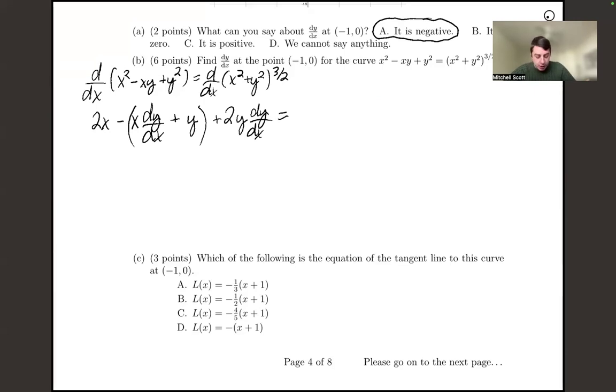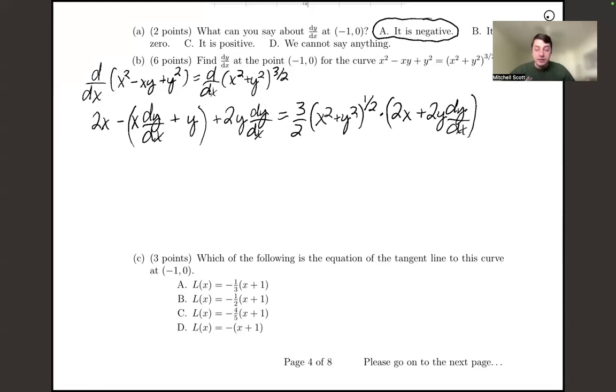And similarly, we're going to have to do the chain rule here. So we end up with 3/2 times x squared plus y squared to the 1/2 times the derivative of the inside function. The first term is relatively straightforward, 2x. And the second term, we did that before. That equals 2y dy dx.